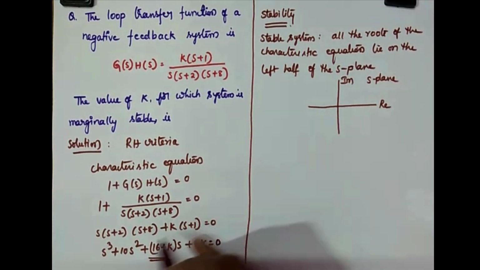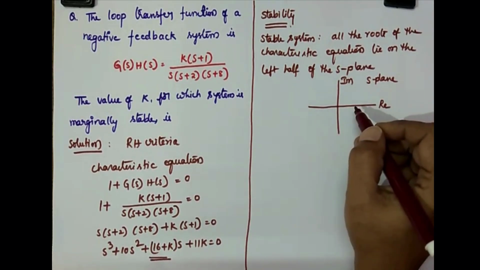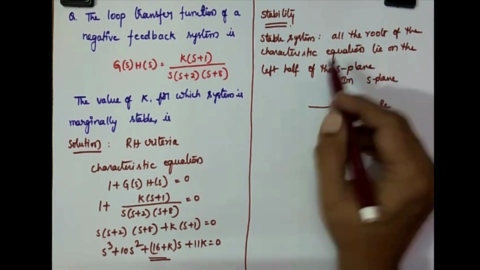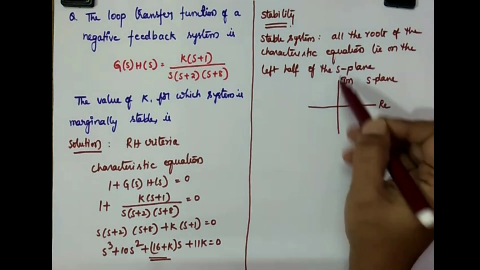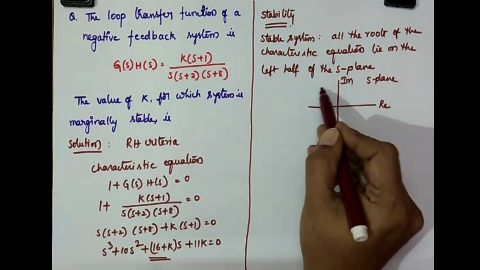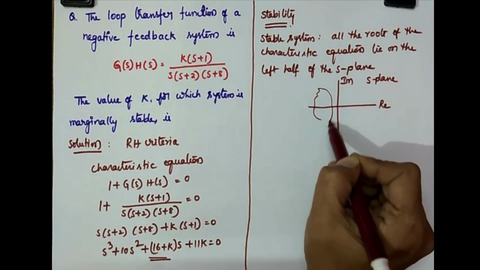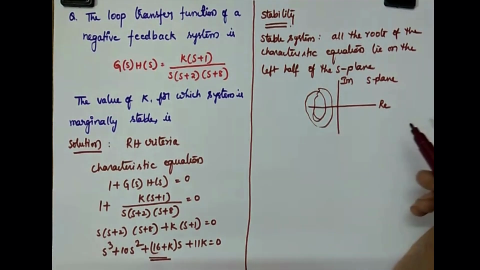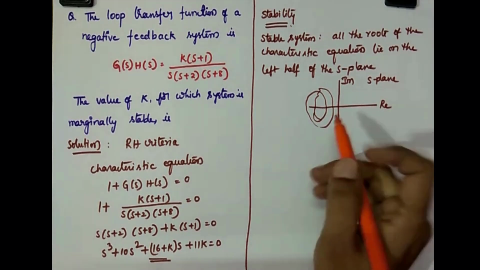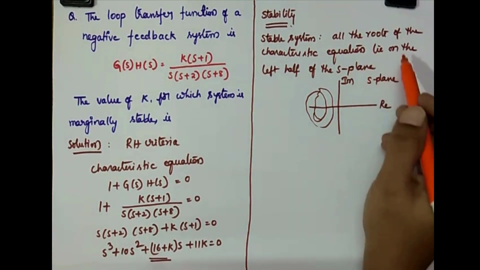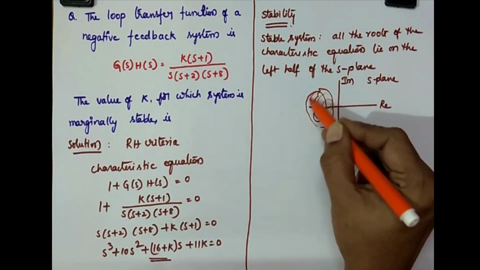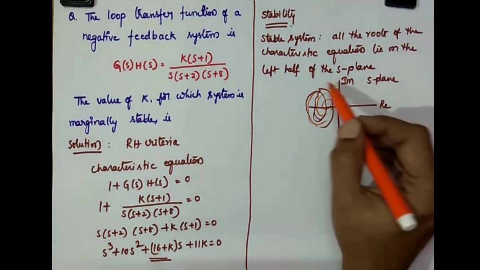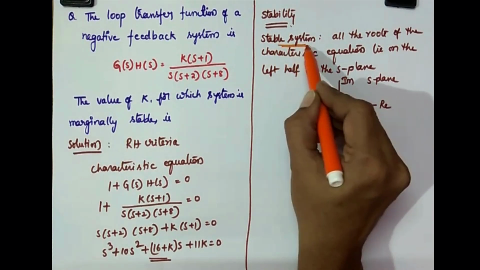If all the roots of the characteristic equation lie on the left half of the S-plane, like this, then the system is said to be a stable system.